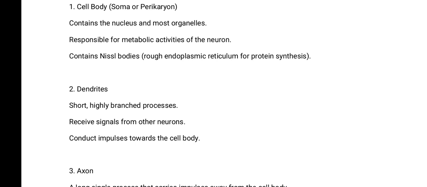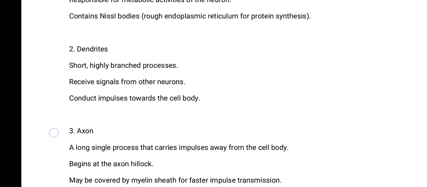They receive signals from other neurons and they conduct impulses toward the cell body. They are found on the sides of the cell body. So when they receive these signals from other neurons, they conduct these impulses toward the cell body. So know that dendrites are short, highly branched processes that receive signals from other neurons and conduct impulses toward the cell body.